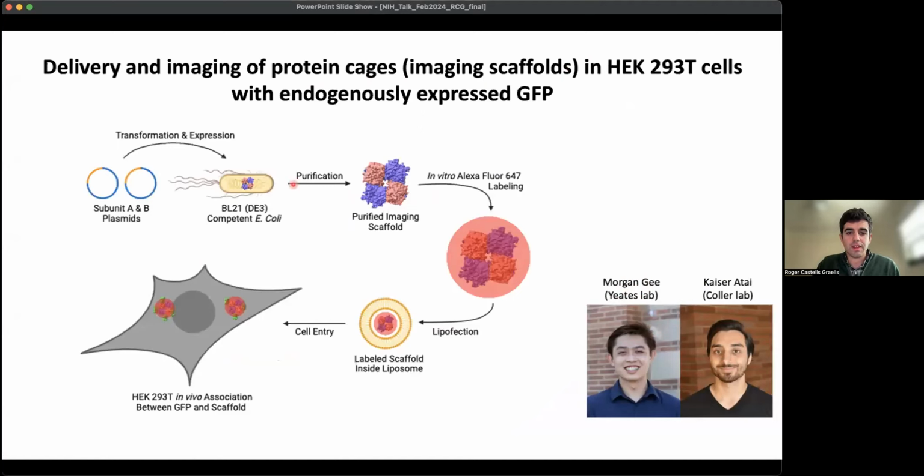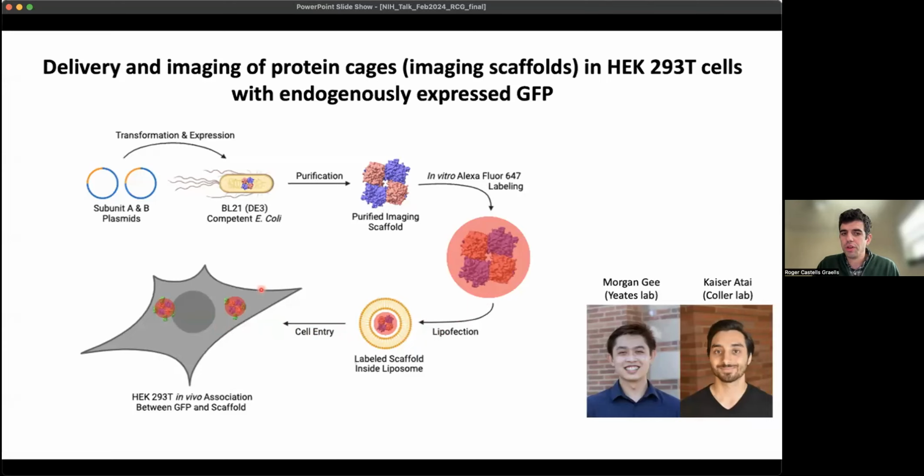And the idea is we would prepare these protein cages. We label them with Alexa Fluor 647, which is for far red. We tried multiple ways to bring them inside the cells. And in our case, the one that was working the best was using lipofection. So we did lipofection to then transfect the protein cages inside the cells.